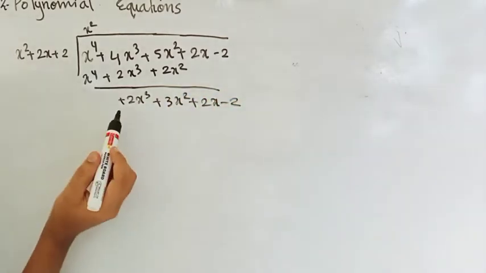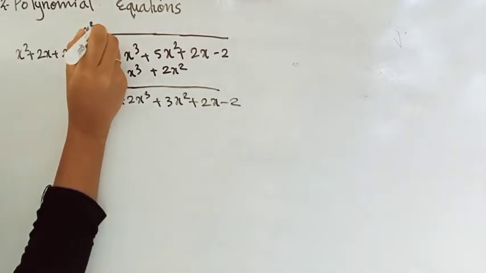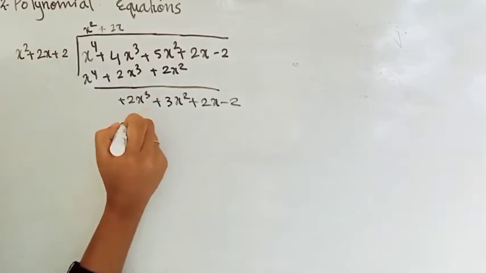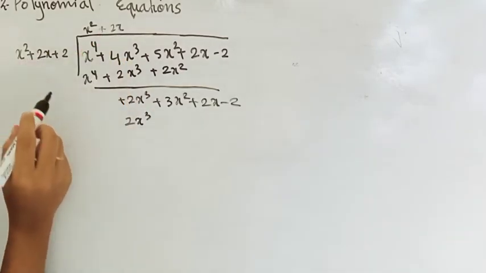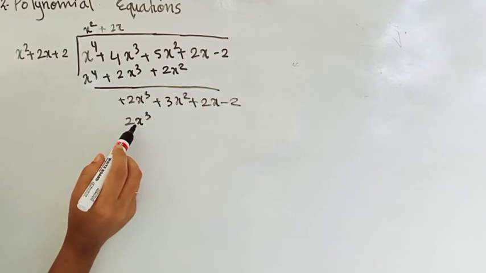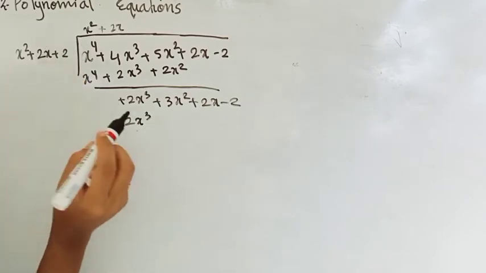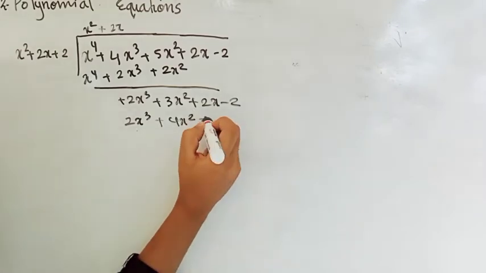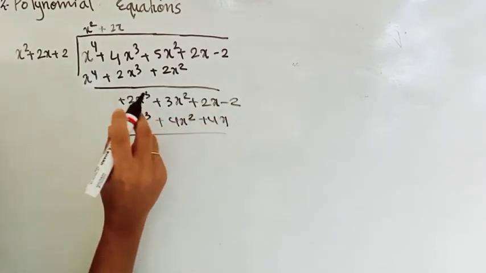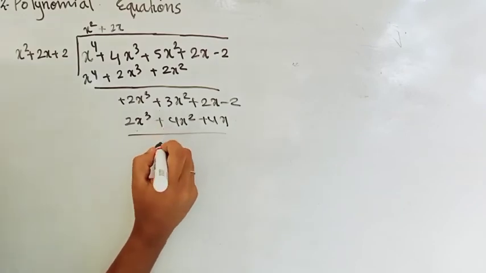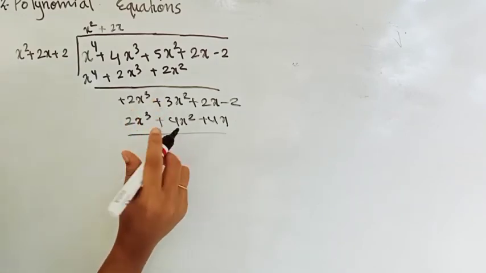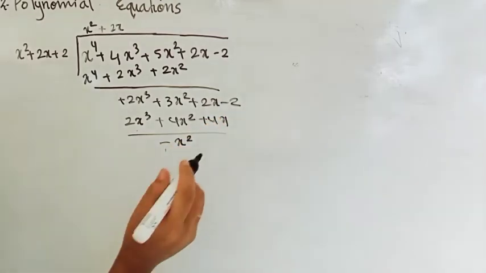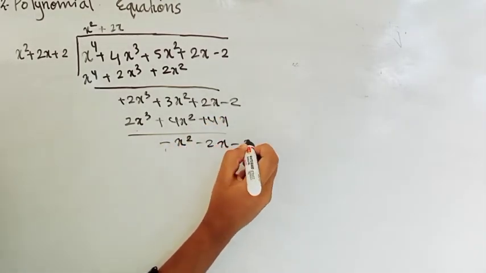Then here 2x cube and x square, then here will be 2x, right? Then 2x into x square is 2x cube, 2x into 2x is 4x square, 2x into 2 is 4x. Then 2x cube minus 2x cube is 0, 3x square minus 4x square is minus x square, 2x minus 4x is minus 2x, minus 2.